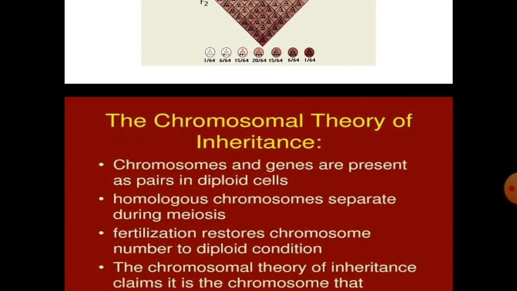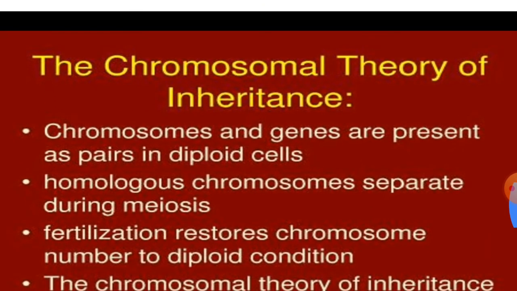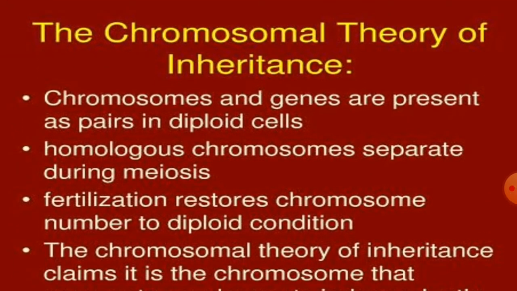So now we come down to the next part, that is the chromosomal theory of inheritance. Now what is chromosomal theory of inheritance? You are aware about chromosomes, although at the time of Mendel no concept of chromosomes, genes was there. But now we are very well aware about chromosomes and genes. So we know that the chromosomes and genes are present as pairs in diploid cells.